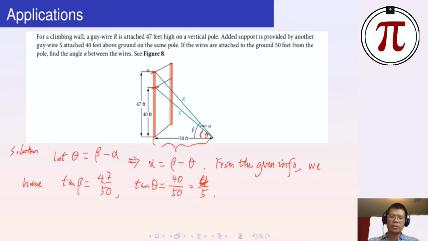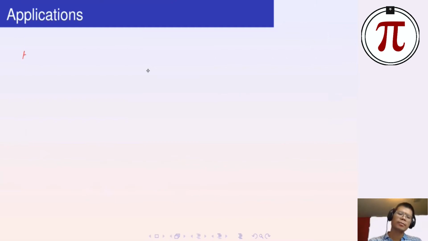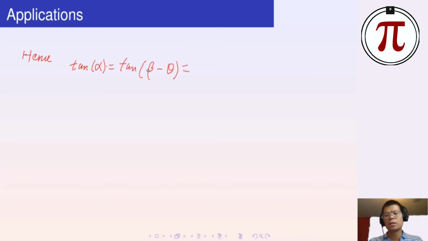Since alpha is their difference, what is tangent alpha? Tangent alpha equals tangent of beta minus theta, right? So using the difference formula, this equals what? On the top, tangent beta minus tangent theta. Now over the bottom is what? 1 plus, right?